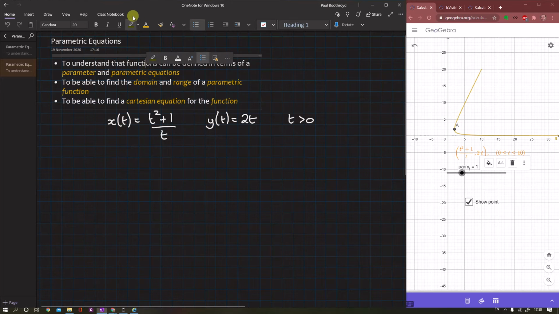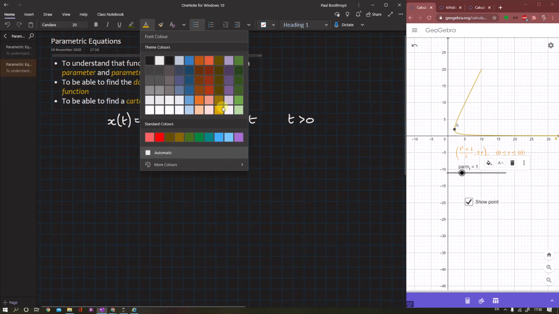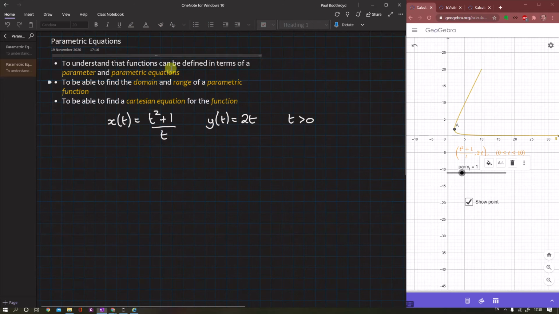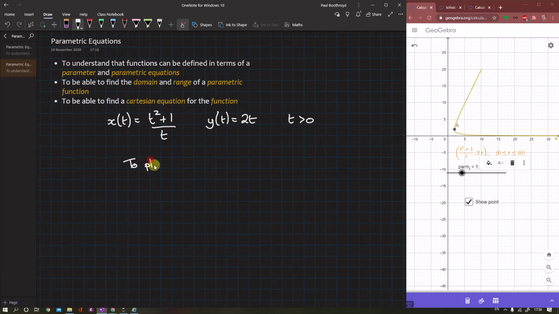So for quick plots, to plot, what we can do is choose values of t, the value of x, the value of y, and it gives us coordinates.